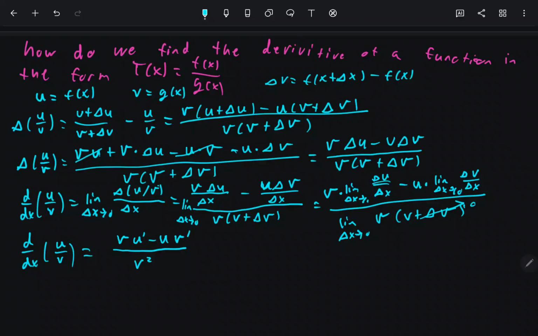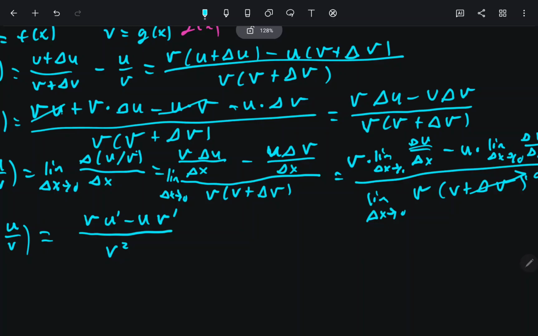However, I think there's a bit easier way of saying this. That way it's a bit more in line with the product rule, or at least the way that I learned them both.